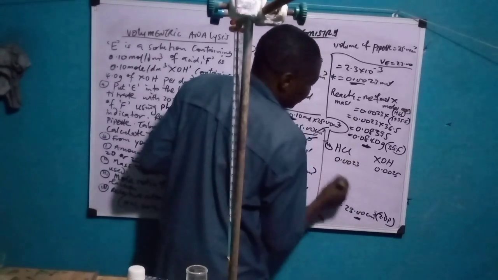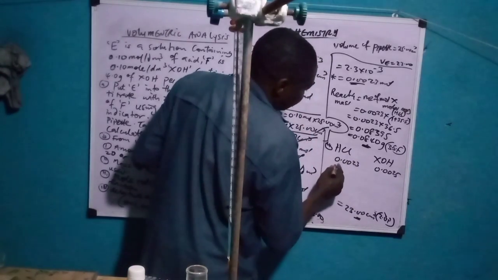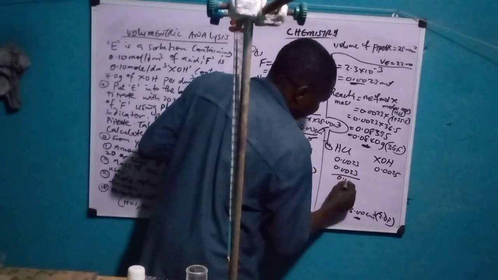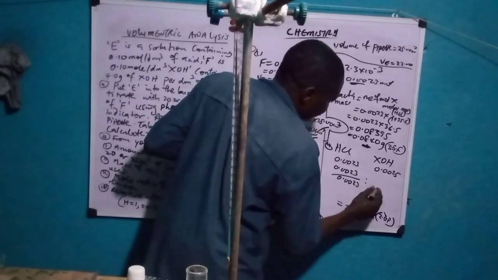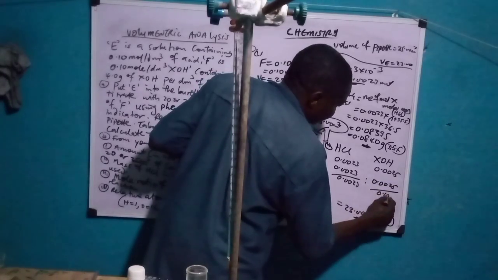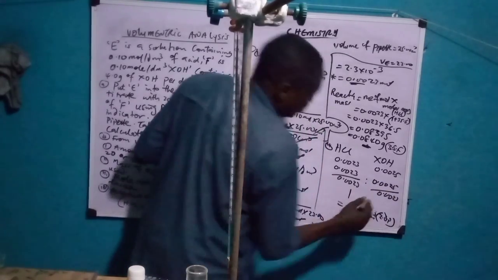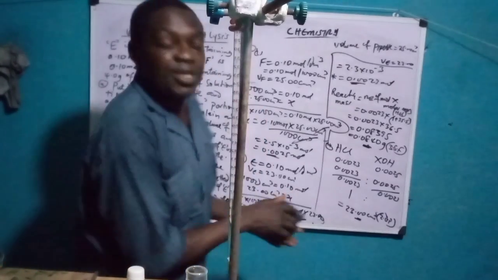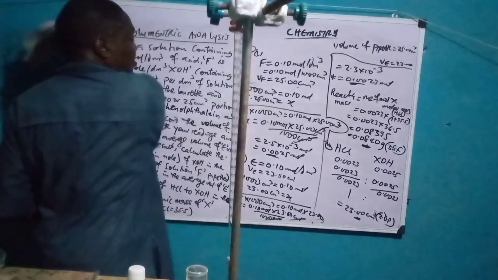Both of them are moles. You now divide by the smallest. You have 0.0023 over 0.0023, and 0.0025 over 0.0023. Remember, when you are calculating empirical formula, you normally divide by the smallest to get the mole ratio. And they told us here to find the mole ratio.